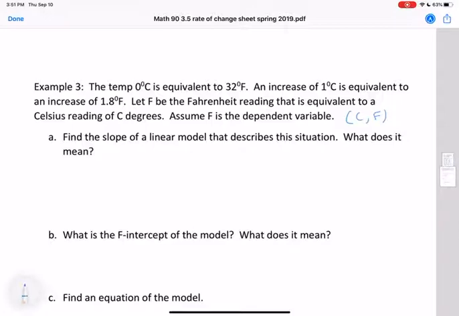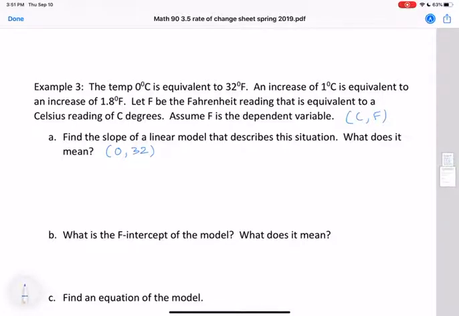So I'm going to try to gather some information in here to try to get 2 ordered pairs so I can go find the slope. So here's one. I'm going to give you the easy one, and I'm going to make you find the hard one. 0, 32. So Celsius was the first one because they said F was dependent. So Celsius is independent, and when it's 0 degrees Celsius, it is 32 degrees Fahrenheit.